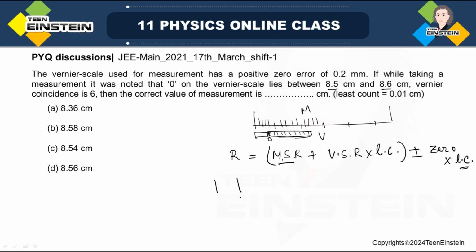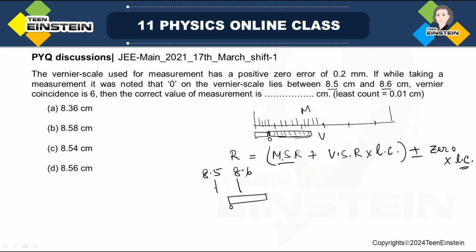Let us take the situation which is given in the problem itself. Main scale reading is taken as the reading which is actually crossed by the vernier 0. Suppose my vernier 0 is somewhere here, as it is said, in between these two readings, 8.5 and 8.6.